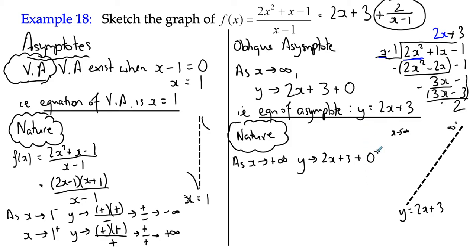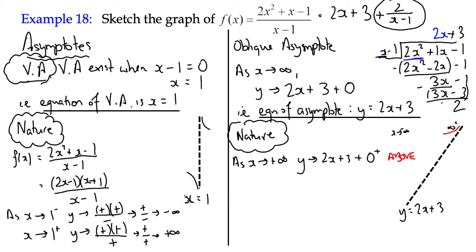So the y coordinate is just going to be a fraction above what it would be if it were on the line 2x plus 3. In other words, the actual y coordinate is above the line. As x tends to a very large and positive number, it's going to be above the line, so the curve is going to be above the asymptote at the end.